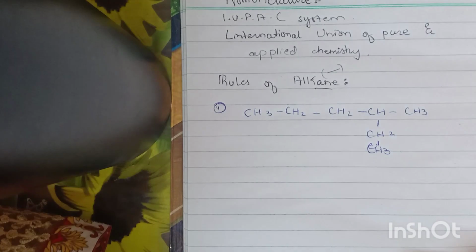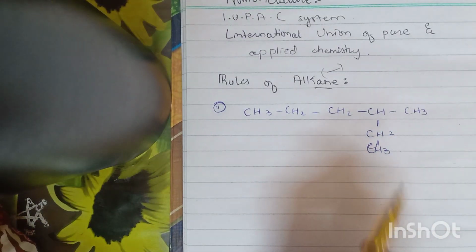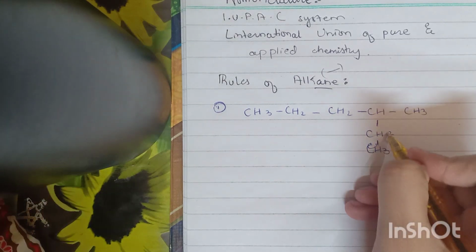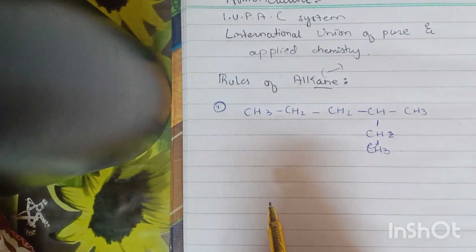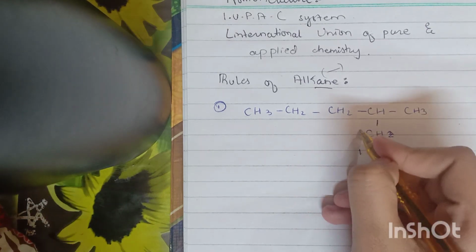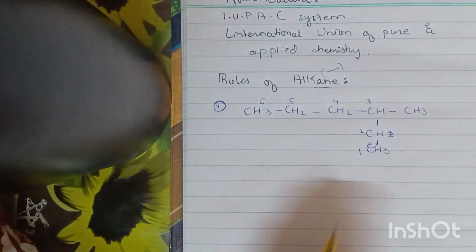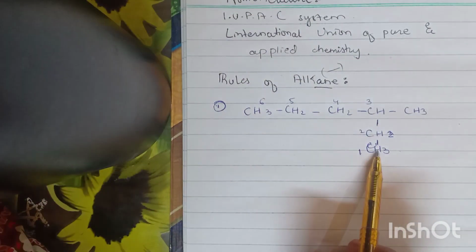For the naming, first of all you have to count how many carbons, and go with the numbering. From where do you have to do the numbering? You have to start the numbering from the chain. For example, this is 1 2 3 4 5 6, right? You have to do the numbering from the branch chain.